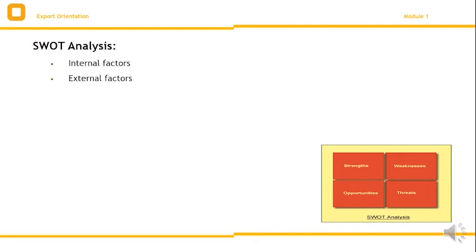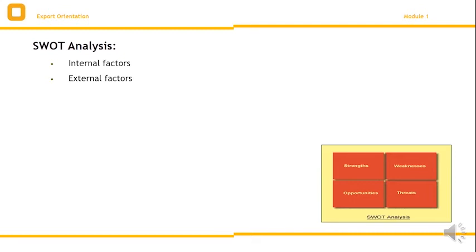So what are opportunities? Opportunities are going to be situations in the external environment that the business can exploit. So an example of an opportunity would be identifying and targeting a new business sector, finding a new market for your business.